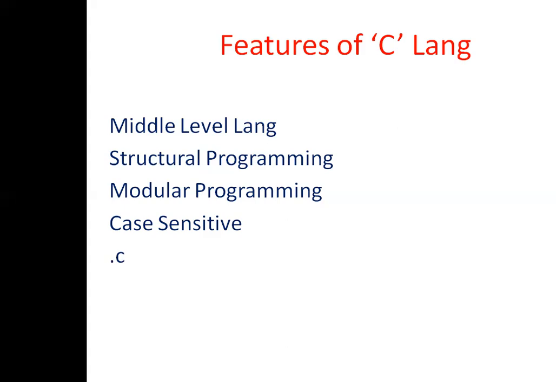Whenever a program name ends with .c, assume that is a C program file. Unless it has been saved with the .c extension, it is not recognized as a C program; it may be any other language or program. So you can note down: the extension name of a C program file is .c.